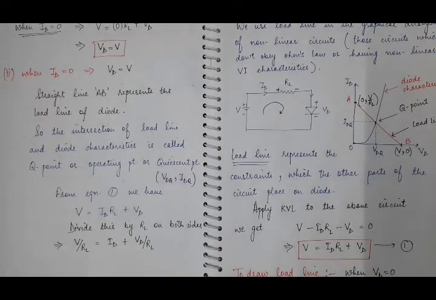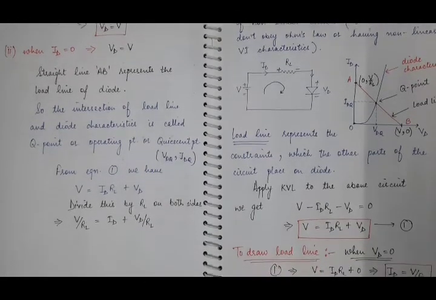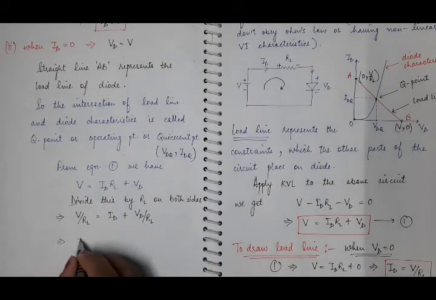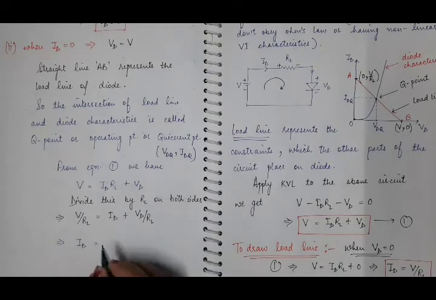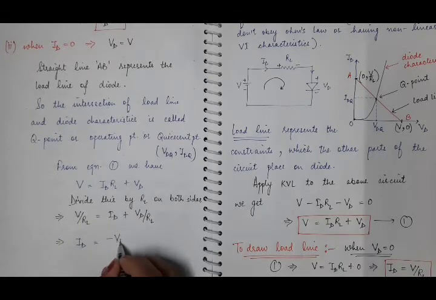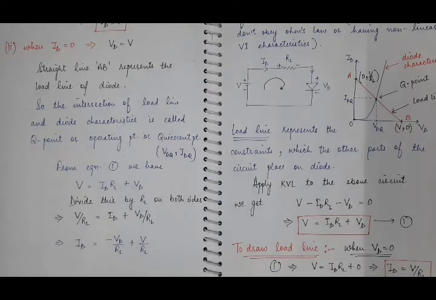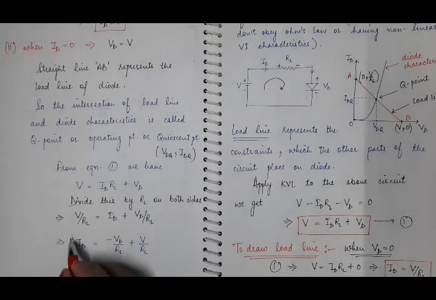Now calculate the value of ID from here. So ID will be minus VD by RL plus V by RL. And this is the equation of a straight line.